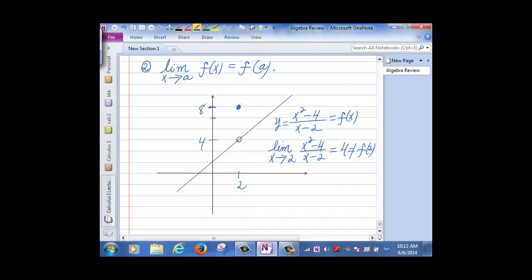So let's say f of 2 is 8. In that case, the value of the limit is not the same as the value of f of 2, even if f of 2 is defined, right?